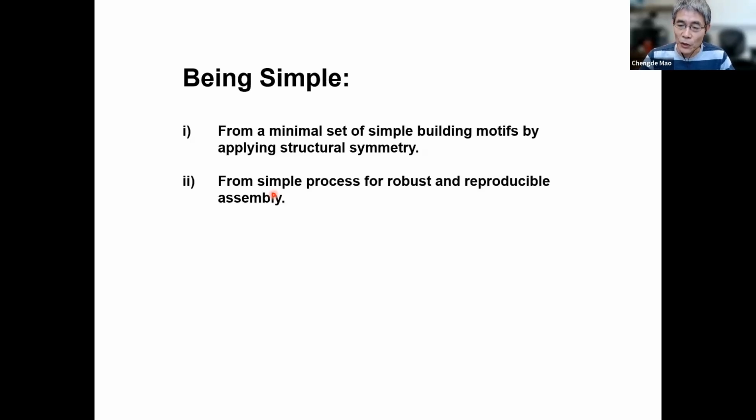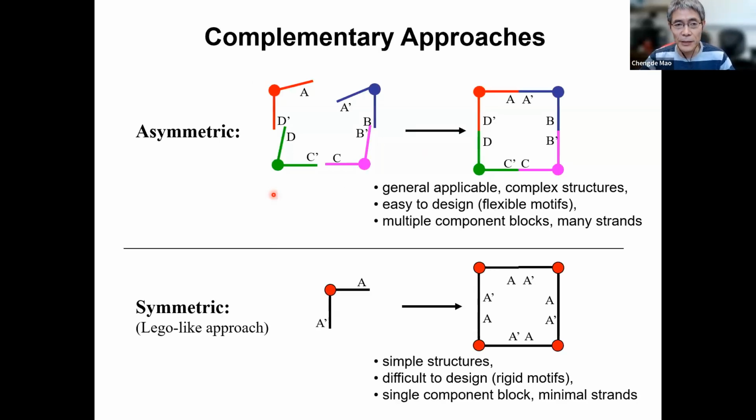That means it should be robust and reproducible, and people should be able to assemble these structures after a very brief training, say one afternoon or one day of training. That is what I mean by a simple process. So two things: simple building blocks, simple process. Let me give you one example to talk about the simplicity.